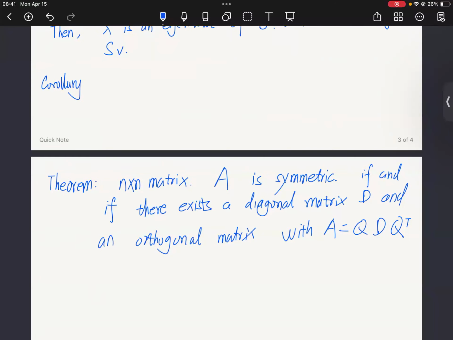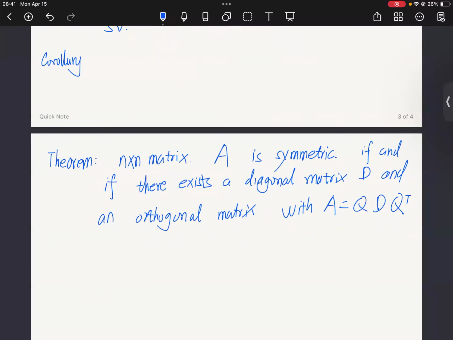Does it make sense? By the definition of similarity, it should be A equals S inverse D S. But here, let's define Q as S inverse, so S should be Q transpose. Does it make sense?